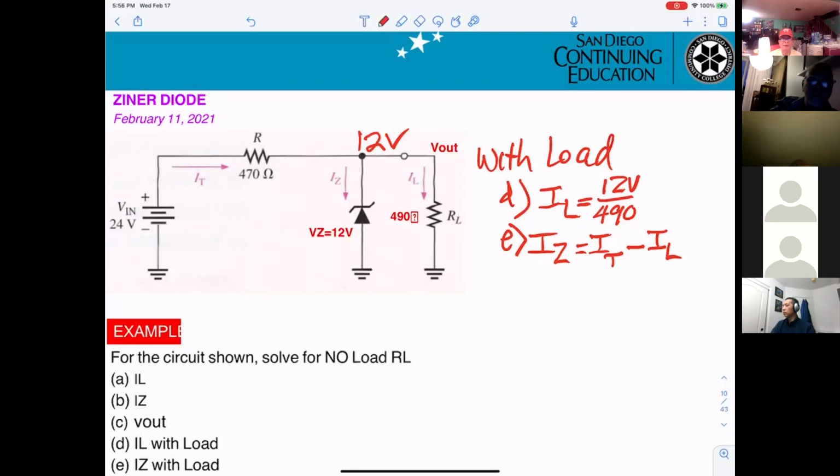We already calculated the I total. I'll repeat here: I total equals 24 minus 12 volts, divided by 470.